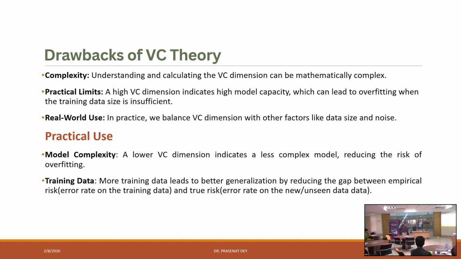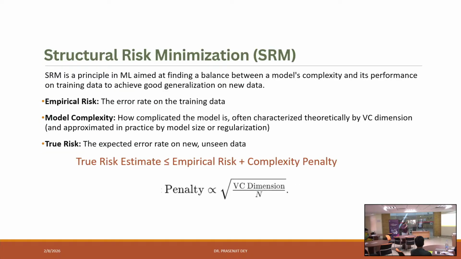So the VC dimension is talking about this: the empirical error plus the model complexity is always higher than the true error. So what I mean to say is that this is the empirical risk.